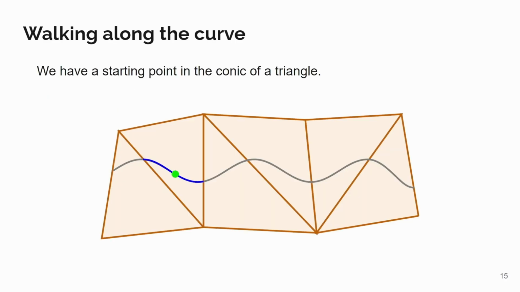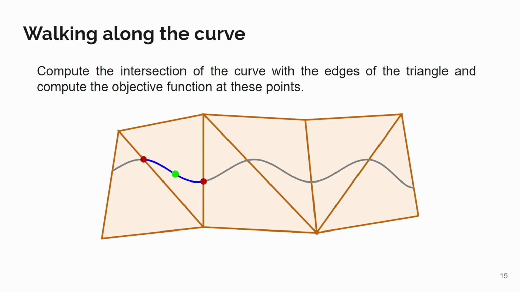We start with our starting point. At each triangle, we compute the intersections between the curve and the edges of the triangle, and at each intersection we compute our objective function, which I will explain later. This function guides us to know which direction to go, and to know if we already have a triangle that has a solution, so we stop walking.